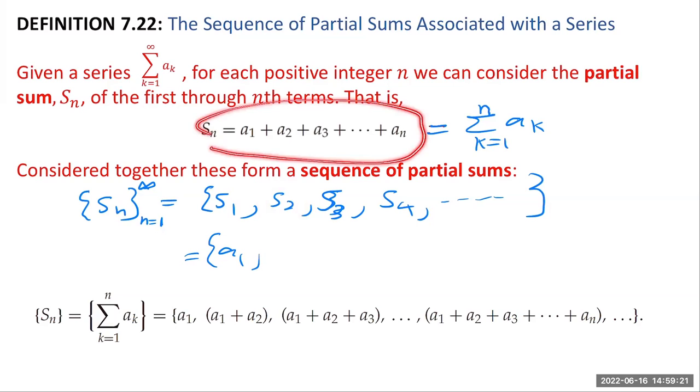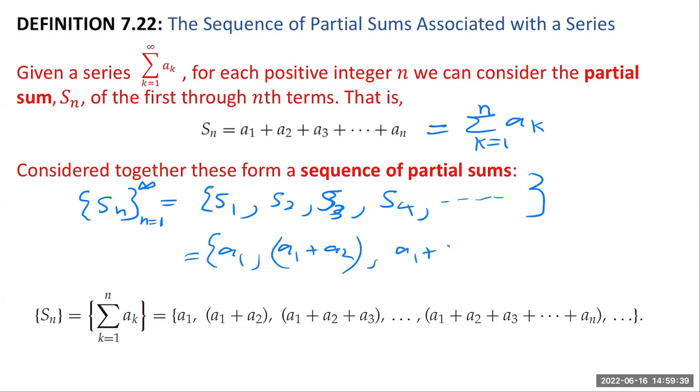According to this definition, S2 is the summation of the first two terms of the sequence a_n. The summation of the first two terms is a1 plus a2. And then what is S3? S3 is the summation of the first three terms, a1 plus a2 plus a3, and so on and so forth. These are the terms of the sequence of partial sums. All right, let's move on.